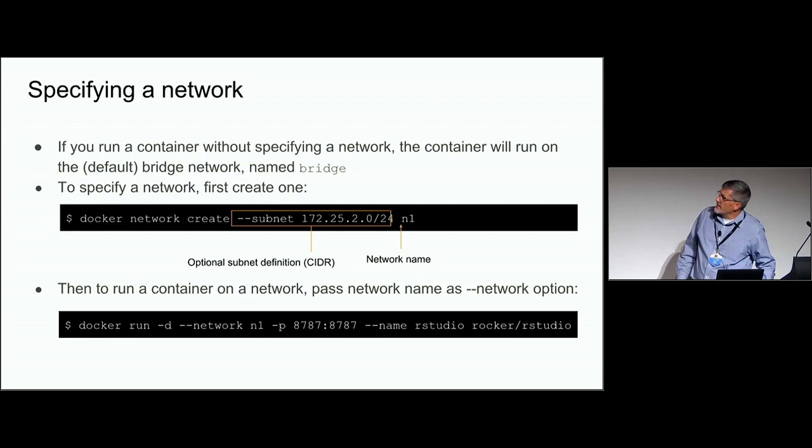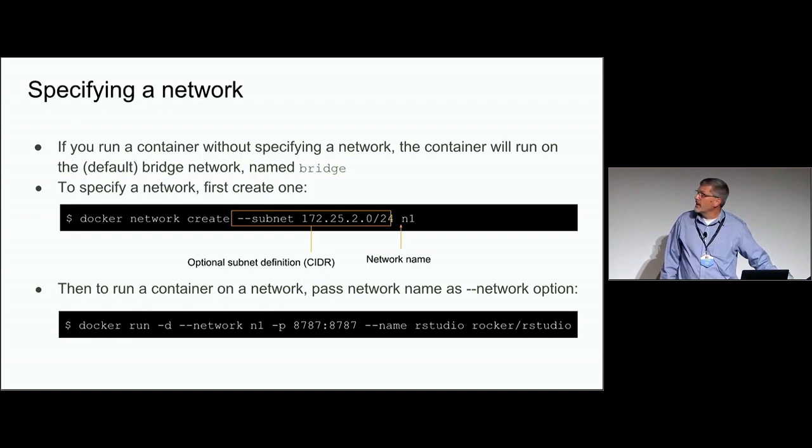All right, one of the useful options that you can pass to network create is a definition of the subnet. And you do this typically if you have multiple networks that you need to run, and you want to organize how your IP address space is partitioned.